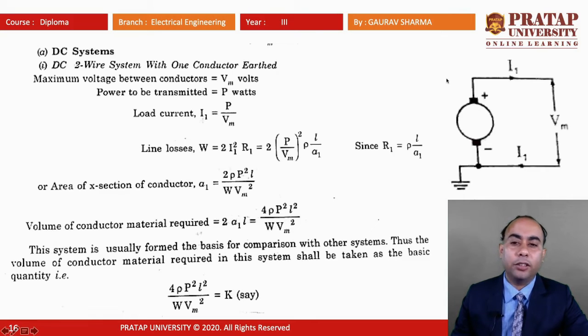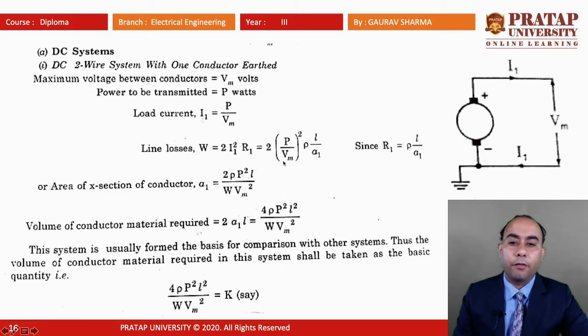When we talk about the line losses, we have two conductors. In one conductor it is I square R, so for two conductors it is 2 I1 square R1, where the current is I1 and the resistance we assume is R1.